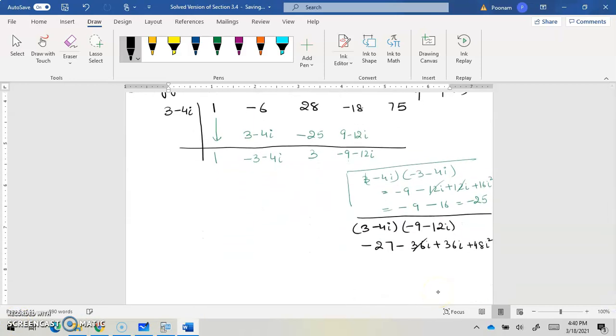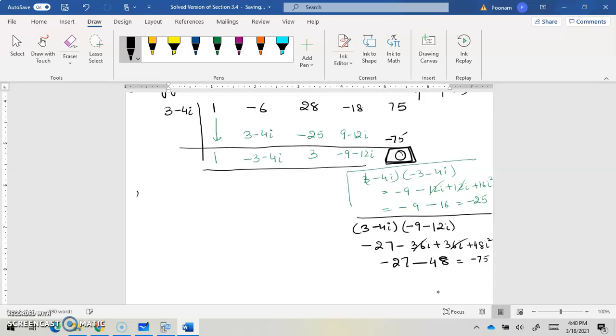So what do we have? This can cancel. Negative 27. 48 iota square, iota square is negative 1, so this is 48. That would be negative 75. So we write that here. When we add, we get 0. We knew that, right? But now we have the quotient.